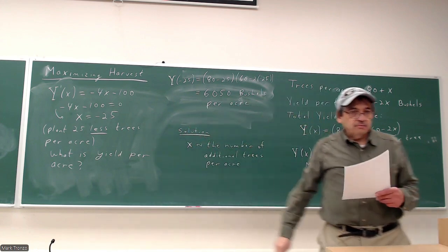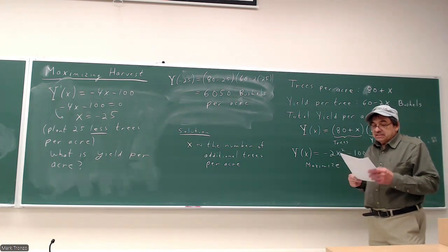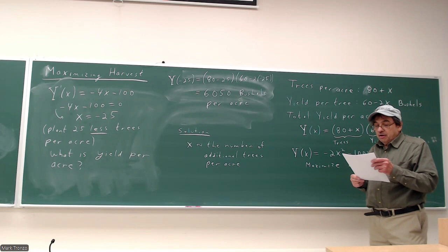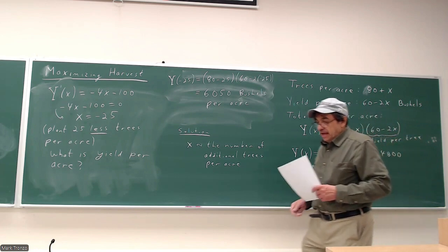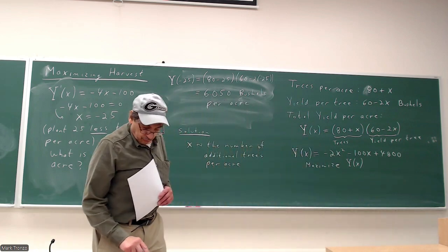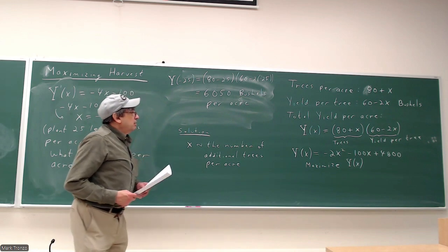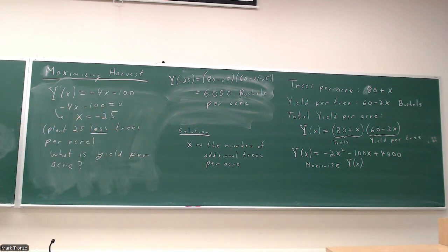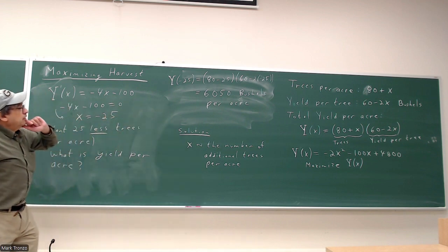Notice that in the original case, she was doing 60 bushels per tree and 80 trees per acre, and that's 4,800. So the original scenario had a yield of 4,800 bushels per acre. But if she reduces by 25 trees per acre, she'll actually increase her yield significantly.